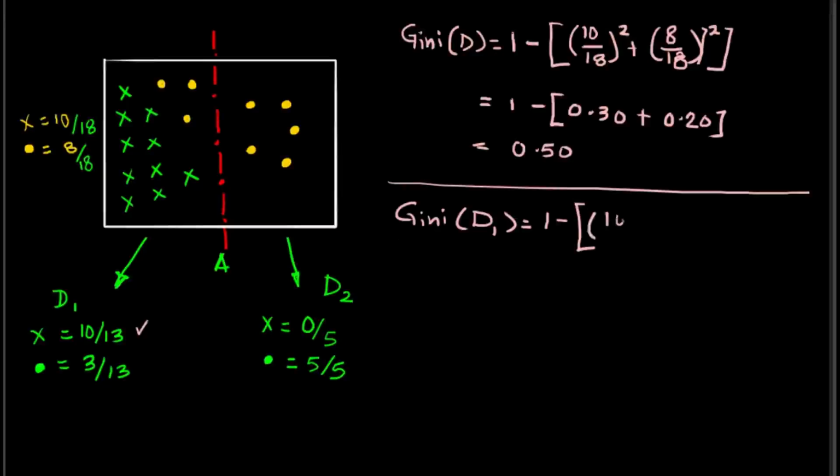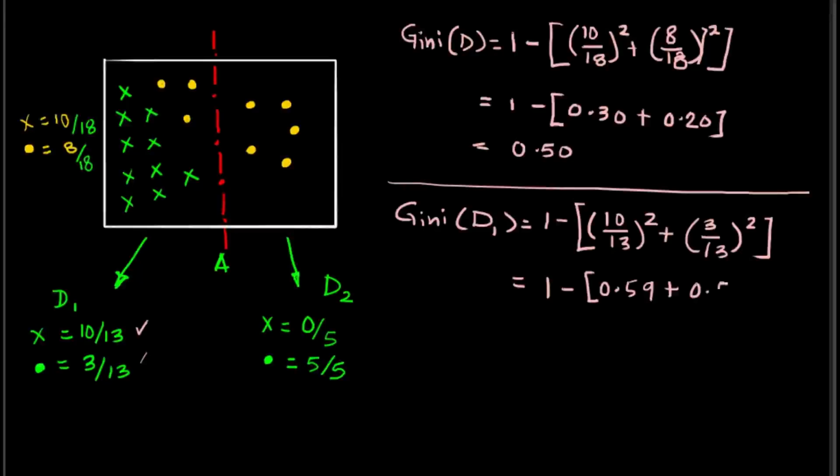So 10 by 13 square plus 3 by 13 square, which is 1 minus 0.59 plus 0.053. It's around 1 minus 0.64, and the total Gini index of D1 is 0.35.